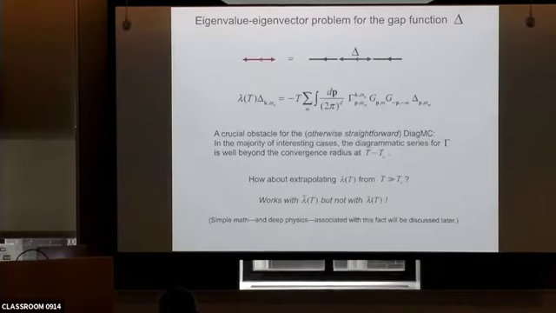So this is the definition of the gap function, and in terms of the gap function, we rewrite the very same eigenvalue eigenvector equation. Now the gap function is the eigenvector which we are looking for. With this rewriting, we just change a little bit the kernel which acts on our eigenvector delta. This kernel consists of the bare Cooper irreducible vertex gamma and two Green's functions.